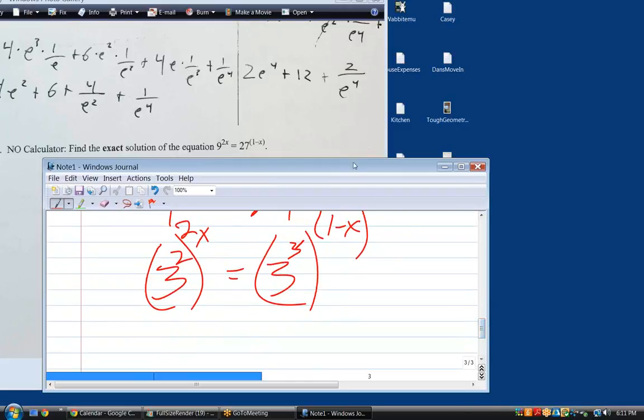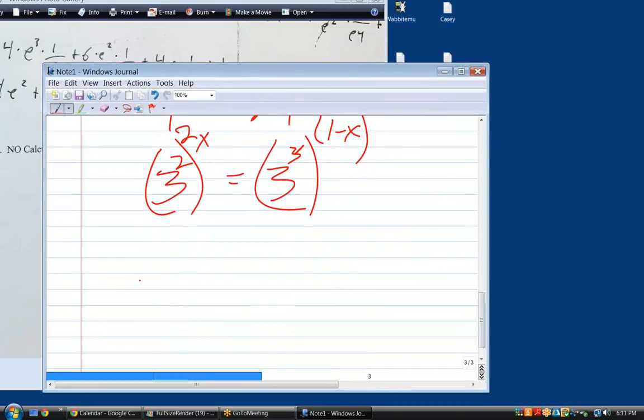Now, using the rules of exponents, it would be 3 to the 4x equals 3 to the 3 minus 3x, like that. And now you can equate exponents. In other words, if you have the same base to one exponent equals the same base to a different exponent, then the exponents have to be equal.